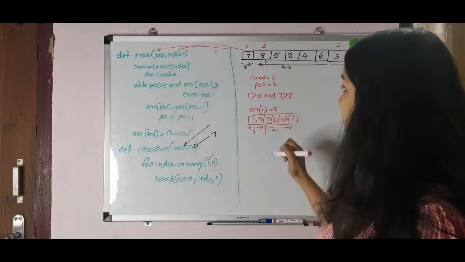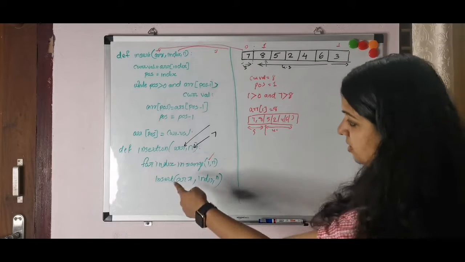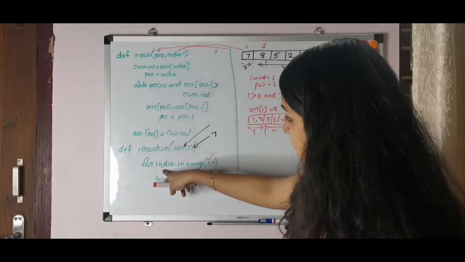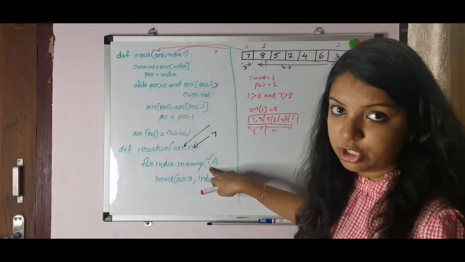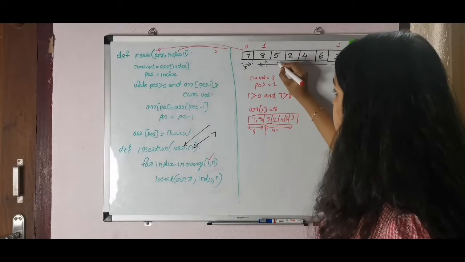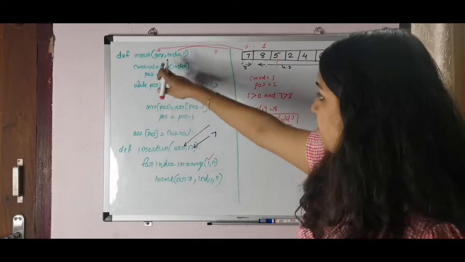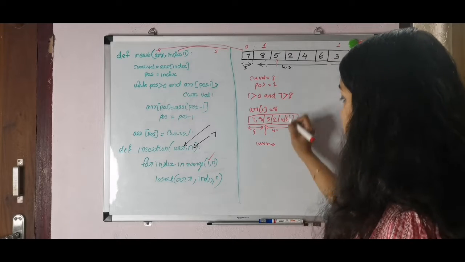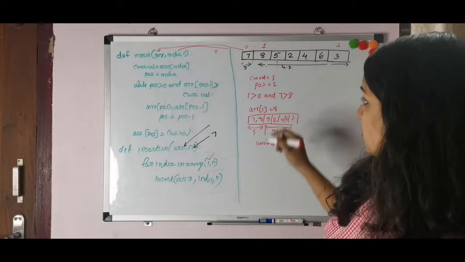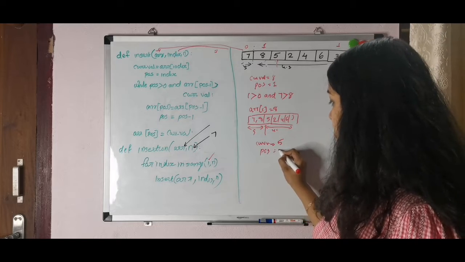Then the pointer moves to the next position. Here you can see i is incrementing to 2. That means this position is moving to this position, so it is passed to here. Current value equals 5 and position equals 2, right?